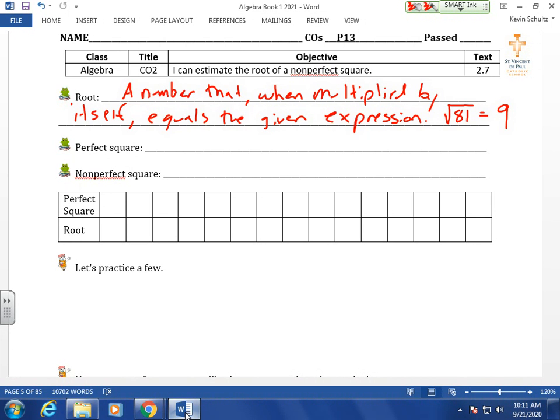Meaning that the root of a non-perfect square is going to be irrational, right? So a perfect square has roots that are rational. A non-perfect square has roots that are irrational.